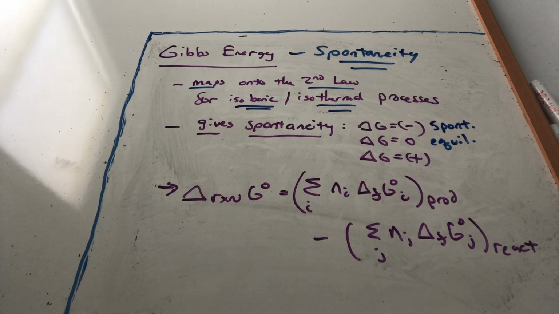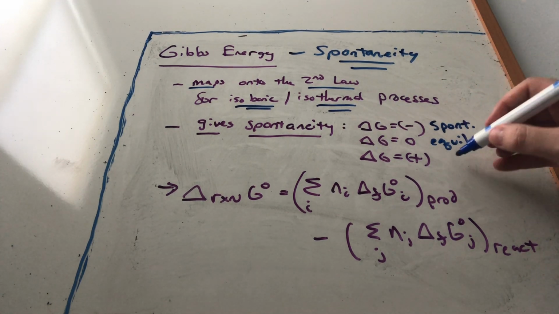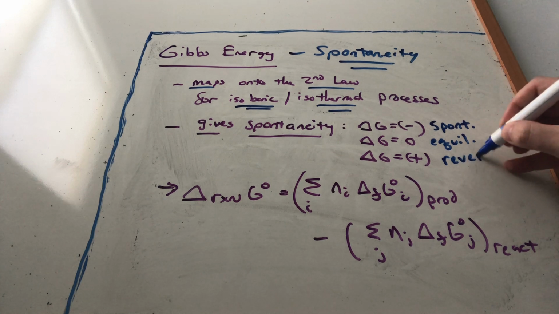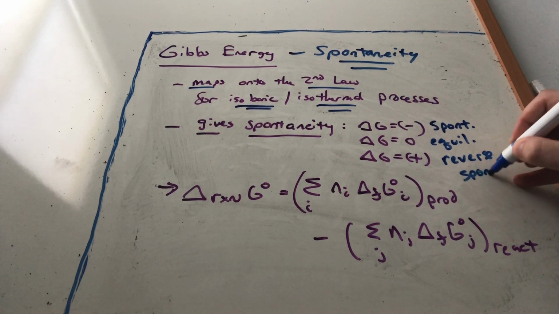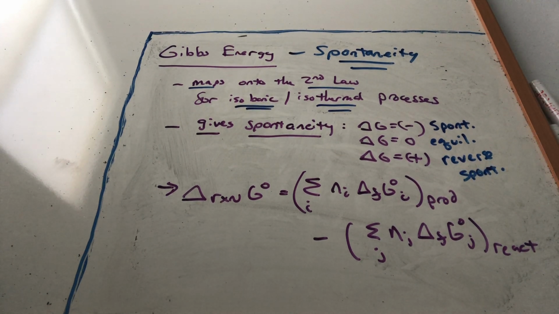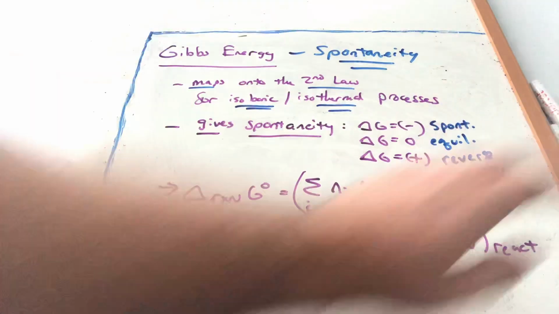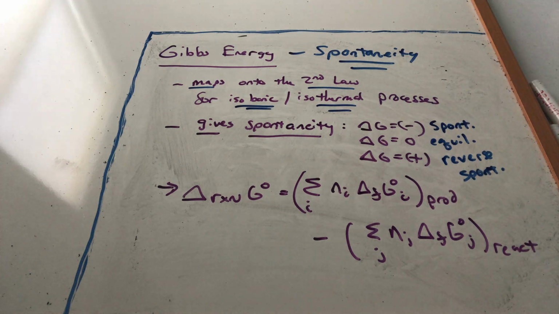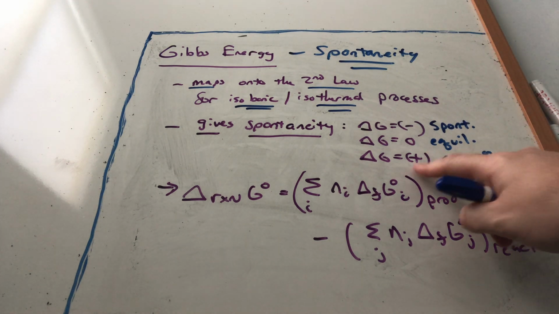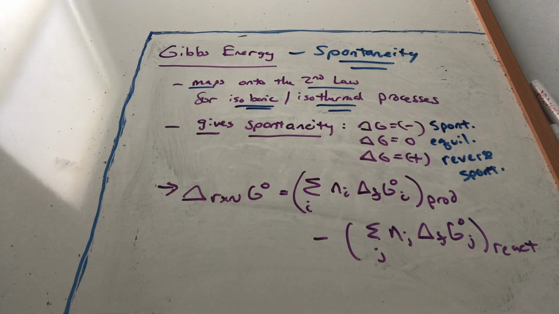When delta G is positive, it's not spontaneous as written, and the reverse is spontaneous. So it has a different sign convention, okay? Negative, spontaneous, left to right. Delta G is 0, you're at equilibrium. When it's positive, the reverse is spontaneous.